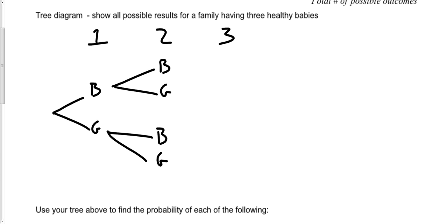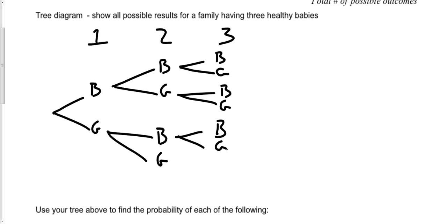If you then choose to have a third child, and your first 2 children were boys, your third child could be either a boy or a girl. Or if you had a boy the first time and a girl the second time, your third child could either be a boy or a girl, and so on and so forth. So you basically are mapping out all of the different options that are out there.